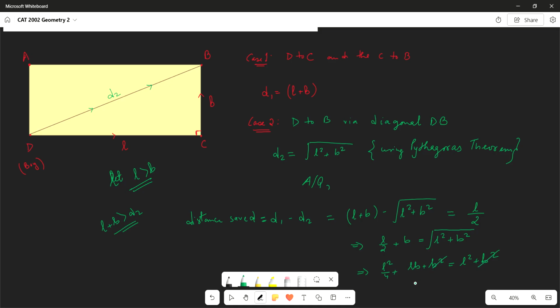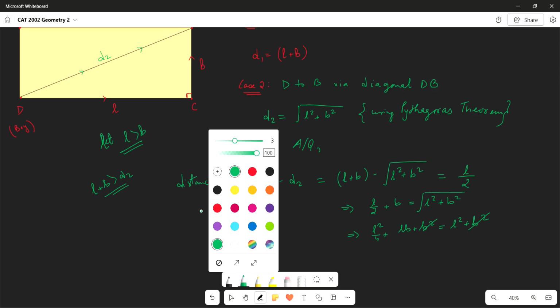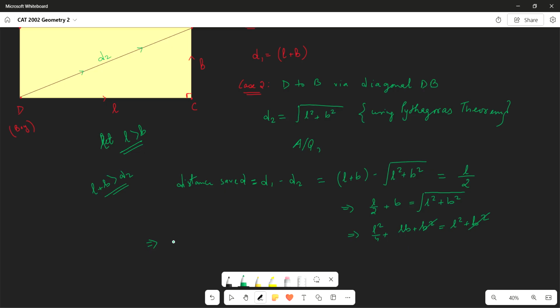This B square got cancelled. So this L square by 4 will go to the right hand side. I will get 3L square by 4, which is equal to L into B.